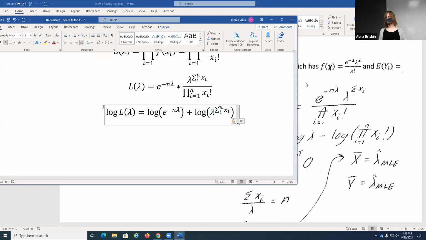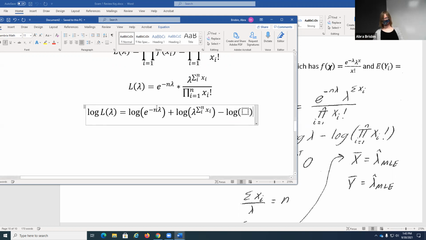And then if multiplication is turning into addition, then division is turning into subtraction. So minus the log of the product of the x sub i's factorial.